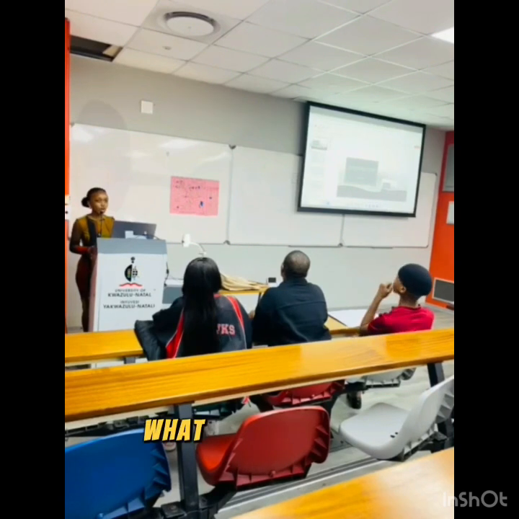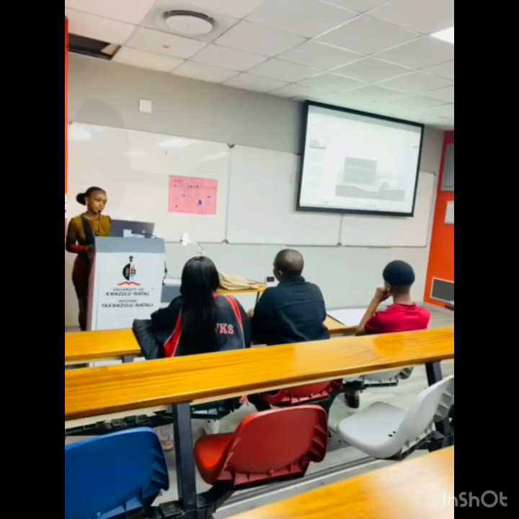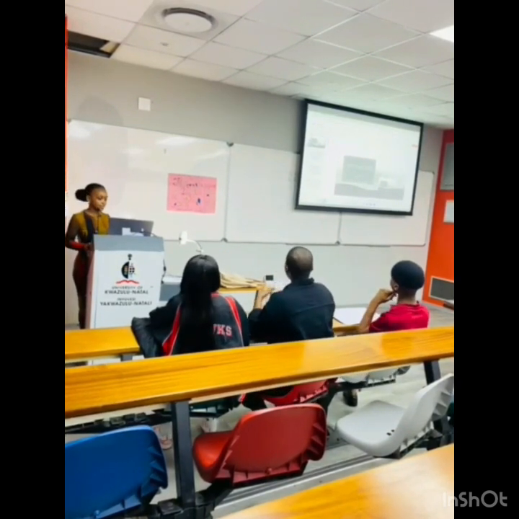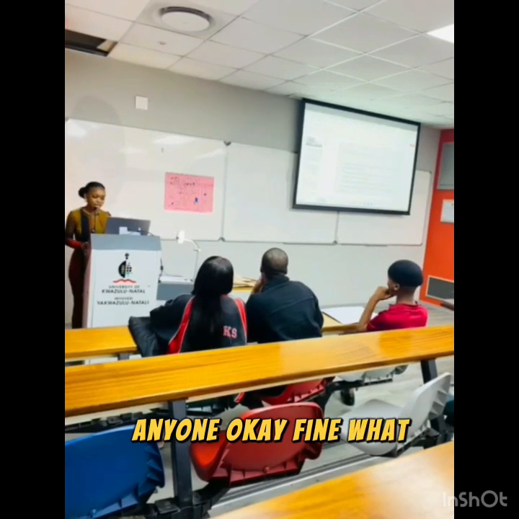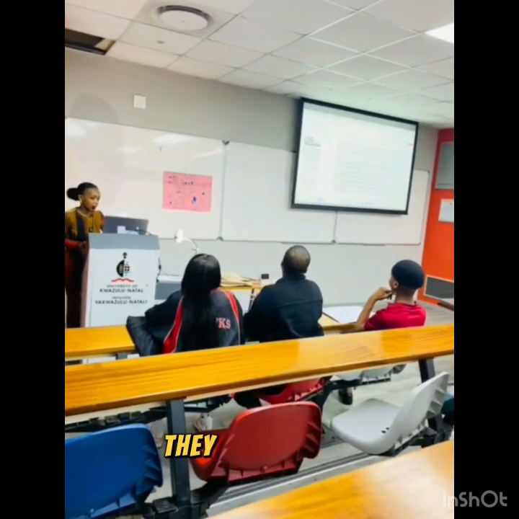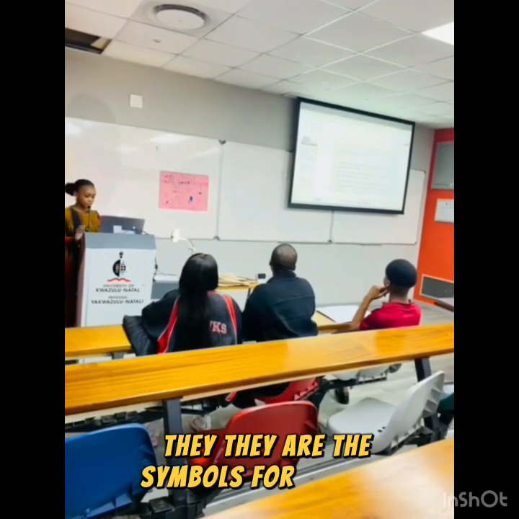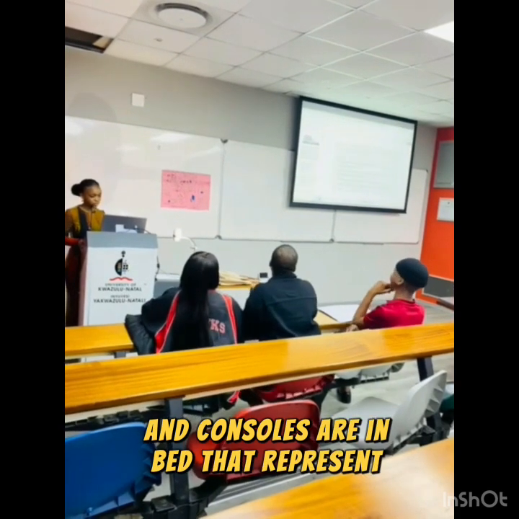As you can see on our first page of the slides, it is written contour lines under map work. What comes to your mind if you see the word contour lines? Anyone? Okay, fine. What are contour lines? Let us all read them. They are the symbols, spot heights, and contours on a map that represent heights.